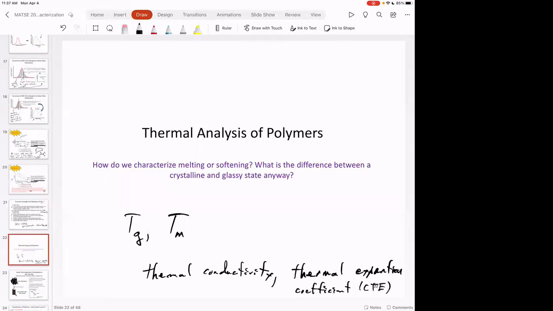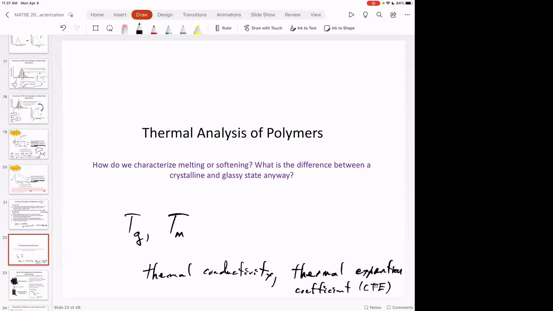What else? There's another really important one that goes along with this: I'm heating up a polymer, I go through the Tg, I heat it up a little bit more, and if it's a semicrystalline polymer, I go through the Tm. What's the last temperature of the polymer where things happen as I keep heating it up beyond the Tm?